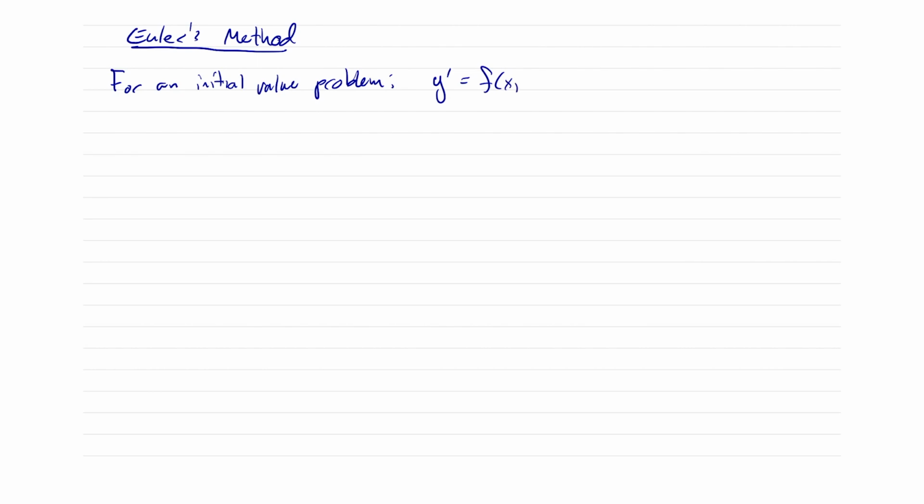So let's formally state what we're talking about. Euler's method basically can be broken down in this way. For an initial value problem where we have y prime is equal to f of x, y with y of x naught equal to y naught, we have a recursive algorithm.